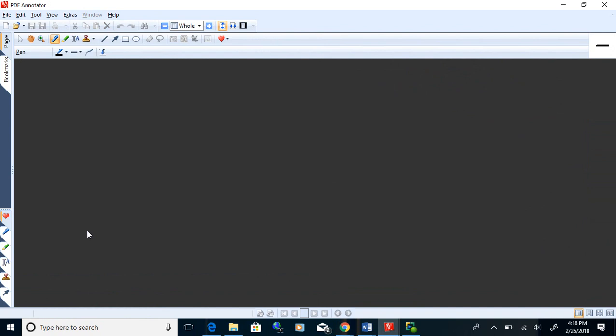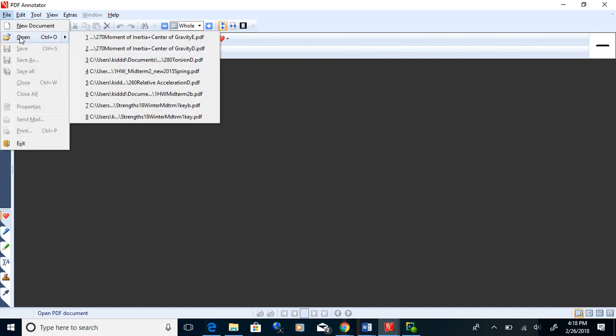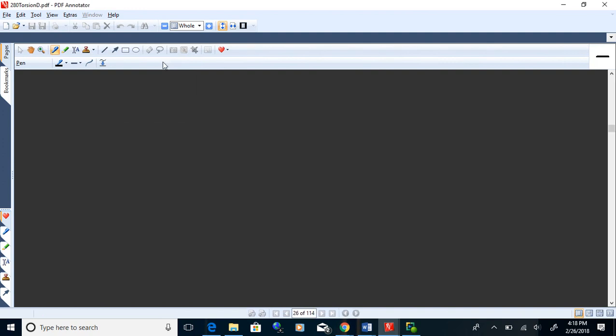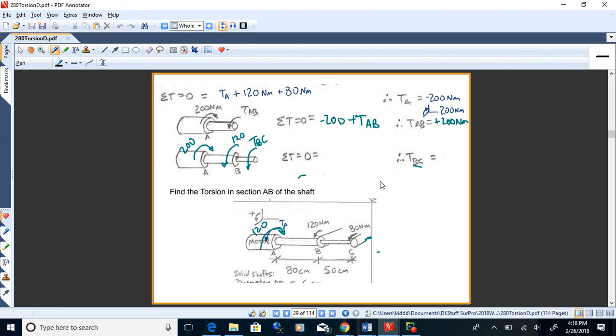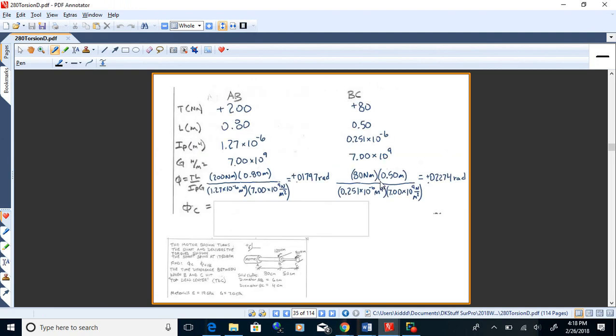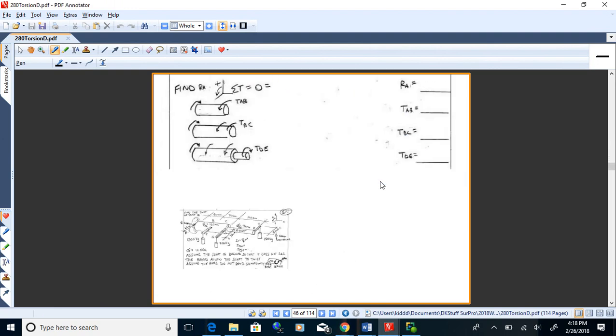Okay. And again, this is like that stuff that we've done in the past with axial loads. It's the same sort of relationship, it's just for torsion instead of axial loads. So let's have a look at that.